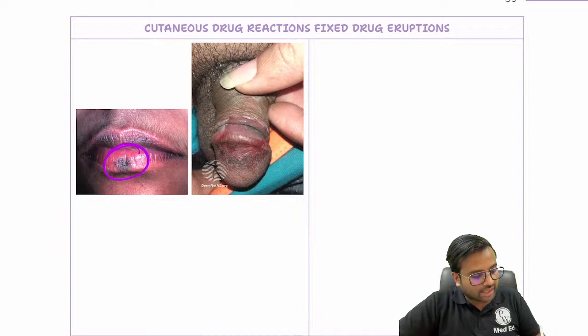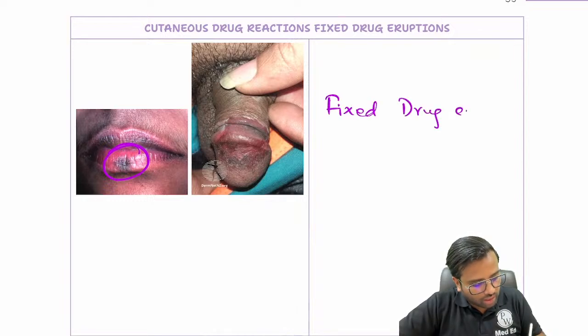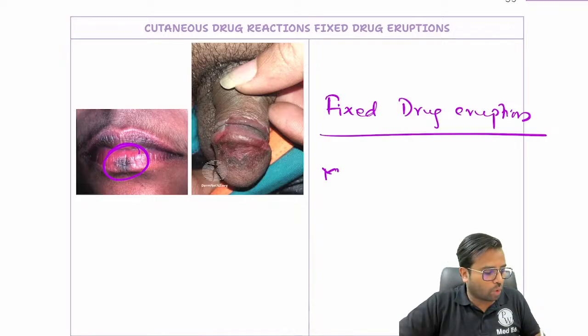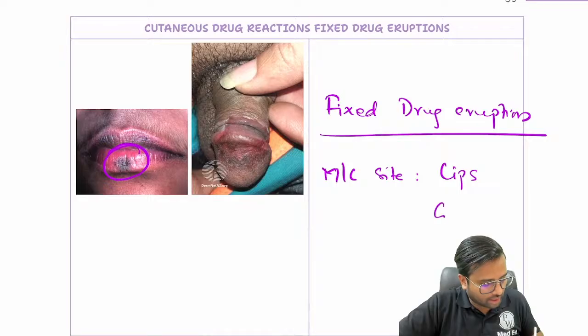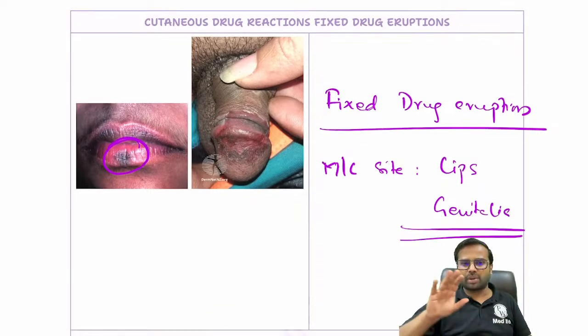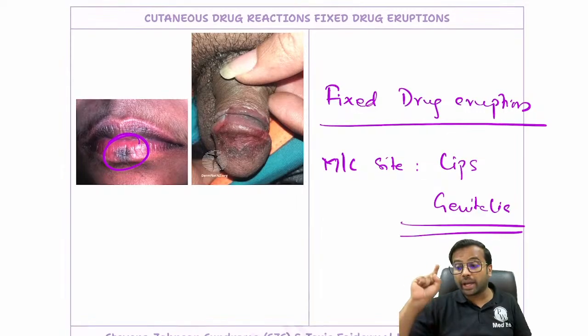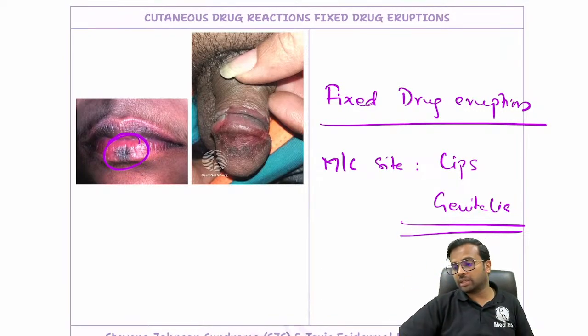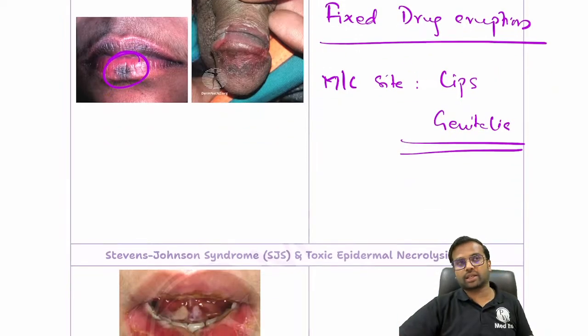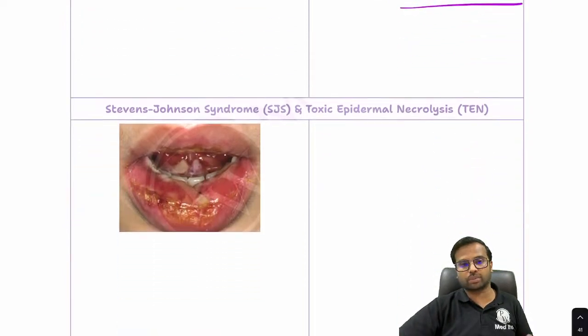Yes. So this is called as a fixed drug eruption, where the most common site would be lips and genitalia. Okay, every time a patient takes a drug, he develops a hyperpigmentation. Yes, Prasadik, NSAIDs are going to be the most common category of drugs which causes fixed drug eruption.